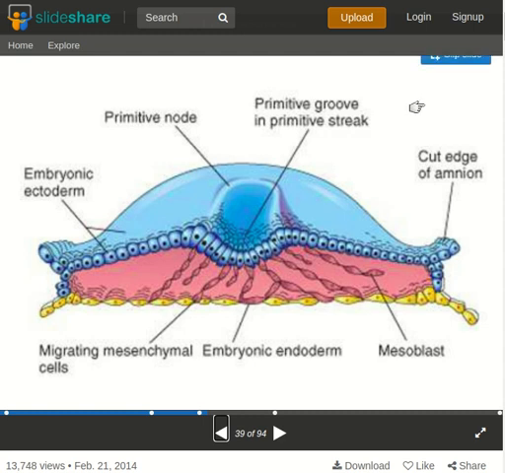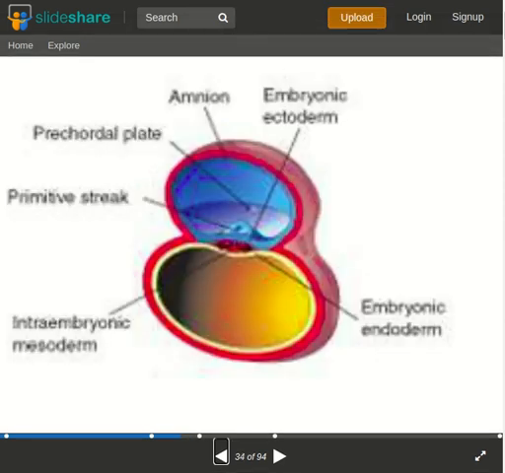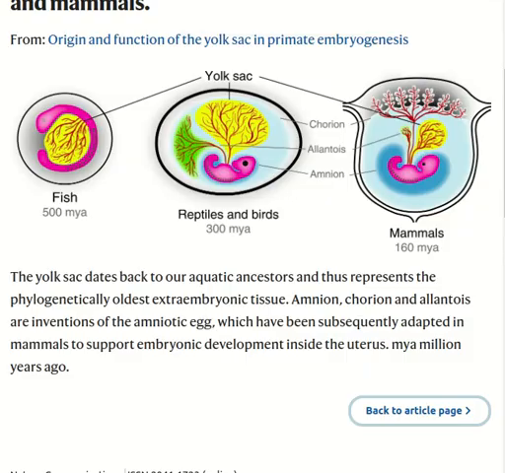So once again, where is the ectoderm? Where is the mesoderm? And where is the endoderm? Very good. So gastrulation, back again. Where are we?